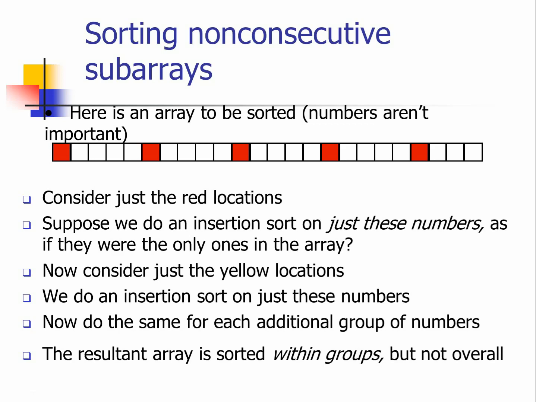Using this idea, we move on to the next location, the yellow items. We do the same thing, then the green items, the blue items, and the purple items. Obviously, after this operation we are not going to get a sorted sequence, because these are random samples.